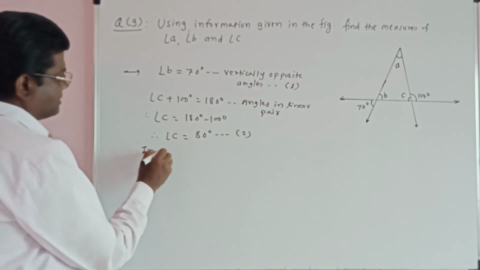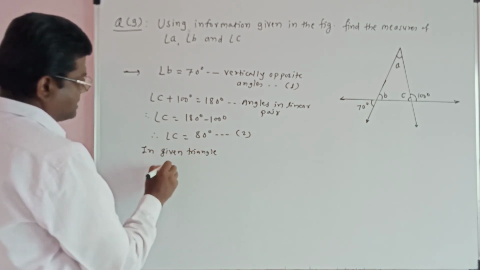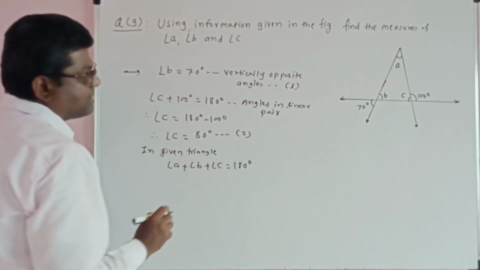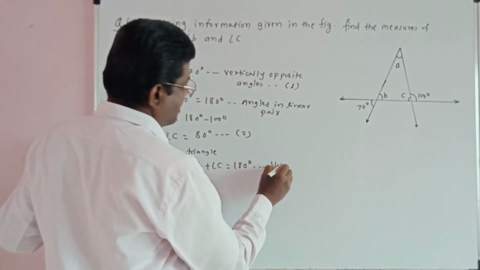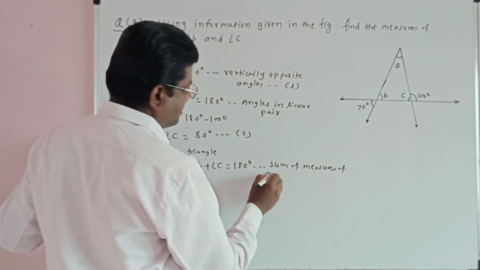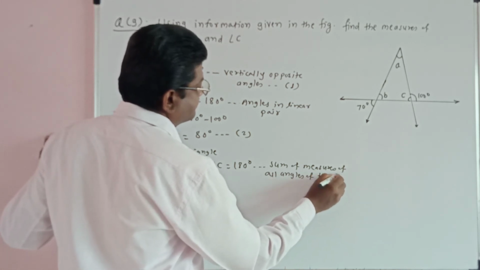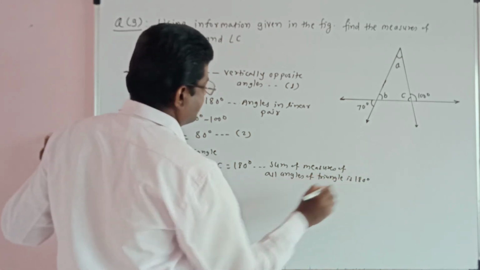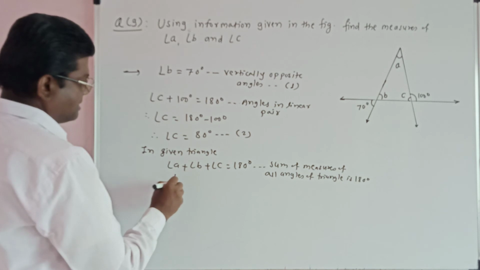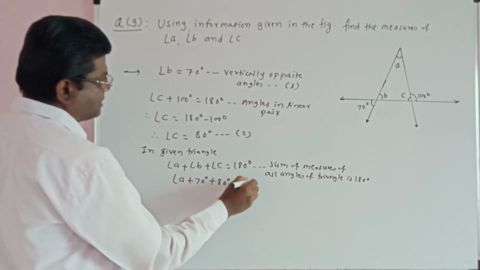Now, in the given triangle, angle A plus angle B plus angle C is equal to 180 degrees. Reason is the sum of measures of all angles of a triangle is 180 degrees. Now the value of B is 70 degrees and C is 80 degrees. Angle A plus 70 degrees plus 80 degrees is equal to 180 degrees.